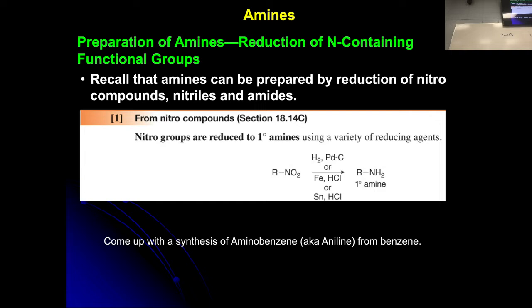Cheap, right? You can go to Home Depot or Lowe's and you can buy hydrochloric acid. It's what they used to wash bricks with. Again, cheap. So I can take nitromethane, I can react it with iron and HCl, and I can ultimately get the amine.